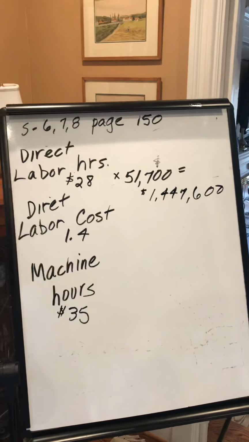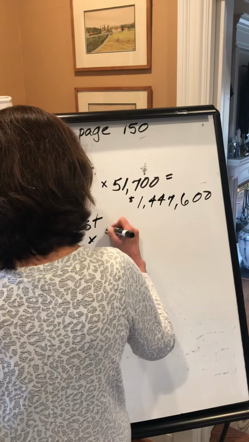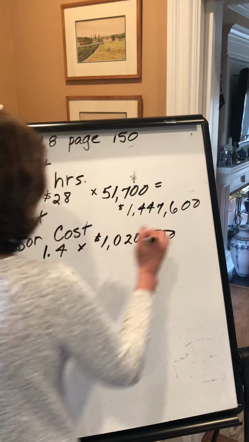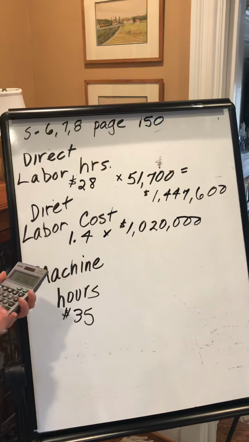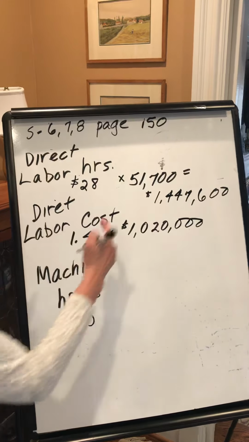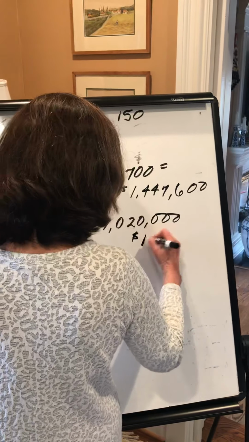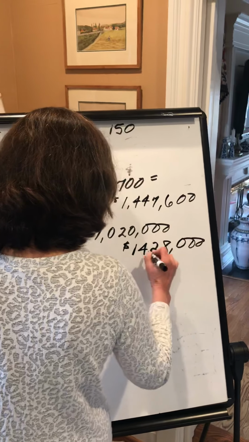If they had used direct labor cost, well, their actual direct labor cost for the year was $1,020,000. So 1,020,000 times 1.4, had they used direct labor cost, they would have allocated $1,428,000 for overhead.